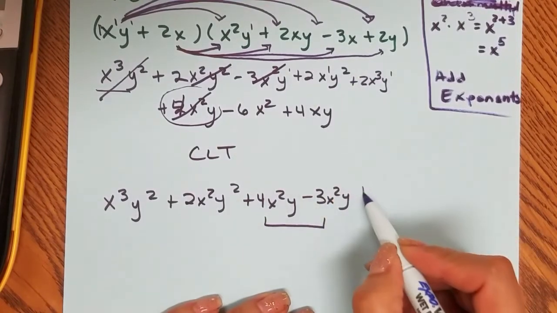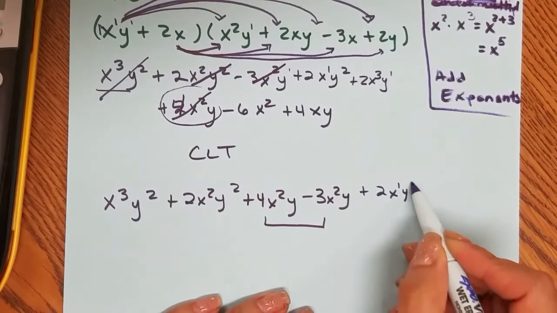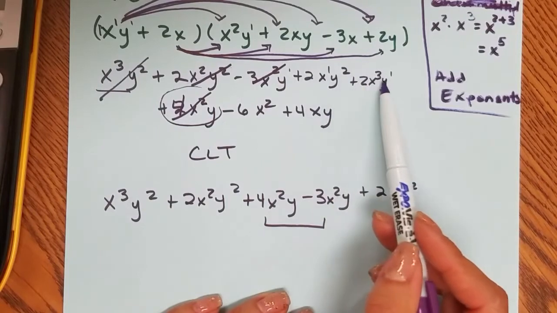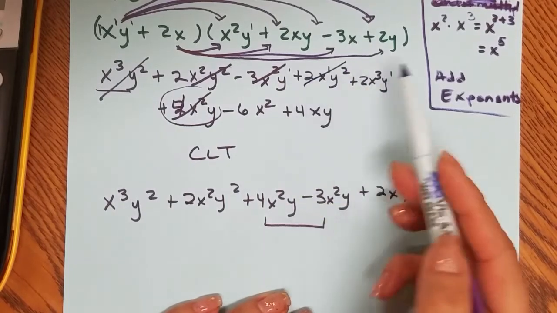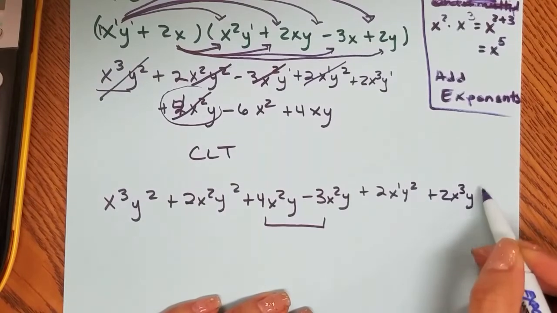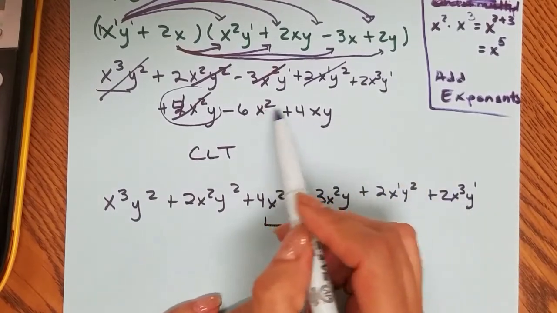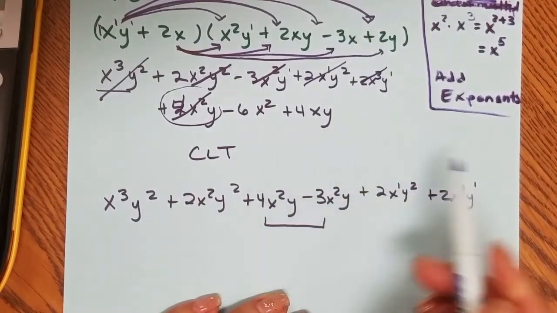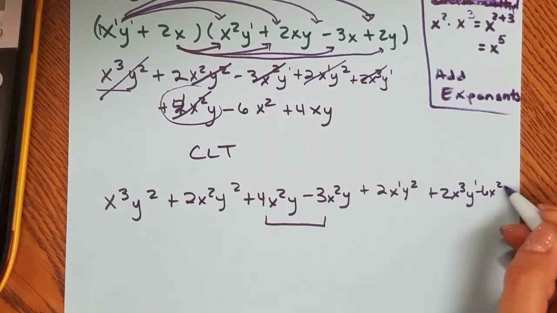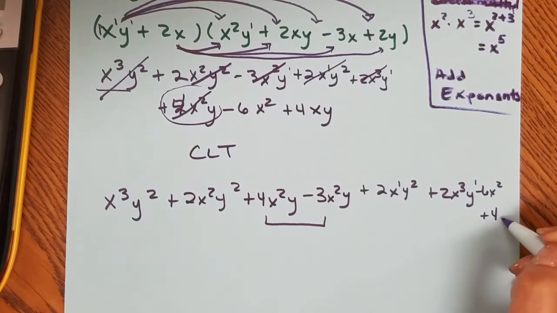Now I have plus 2x1 y2, so I'm looking for x1 y2. X1, no. So plus 2x cubed y, I don't have any x cubed y's, and these are just going to come down as well, okay. Minus 6x squared plus 4xy.